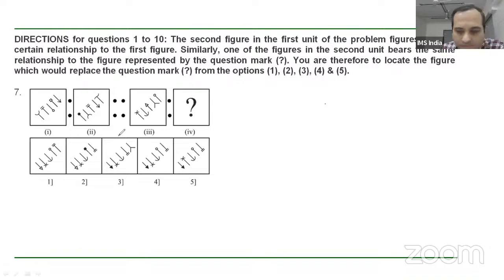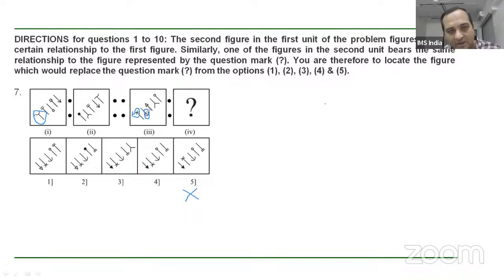Good, good, good. So, first thing that I do is look at this object. If you look at this object, can I say it is getting reversed and it goes to the second position? So, this object should get reversed and it goes to the second position. So, can I say option number 5 gets eliminated because of that? Now look at the second object, the equal to sign. It remains as it is and it goes to the third position.